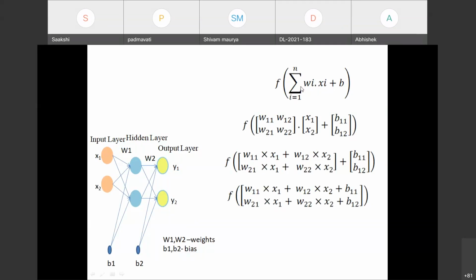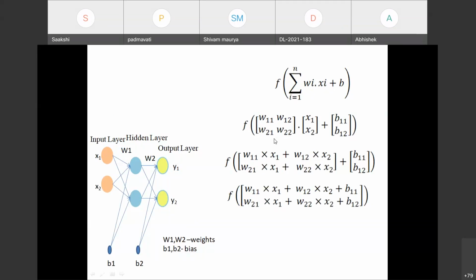So as you can see here, let us write down what W is. This matrix is representing W1, and here we need 2 cross 2.